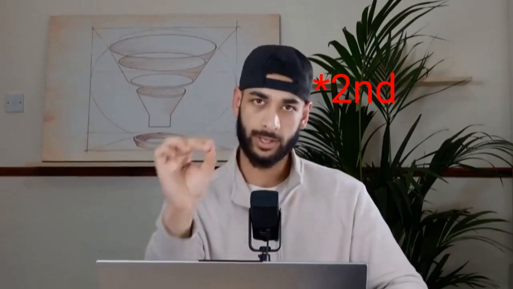The second mistake is not being consistent with campaigns. And I'm not saying you have to religiously send every week. But if you only send in October or November, and for the rest of the year it's total cricket, that's going to be a red flag. So what you want to make sure is that you're sending consistently.